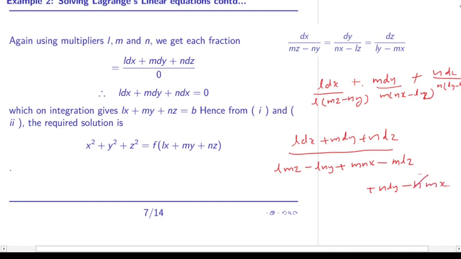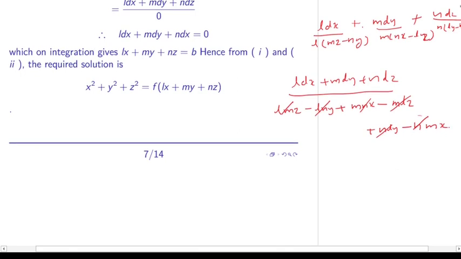So this M L z you can cancel, L N y and N L y you can cancel. So what remains is L dx plus m dy plus n dz divided by 0.